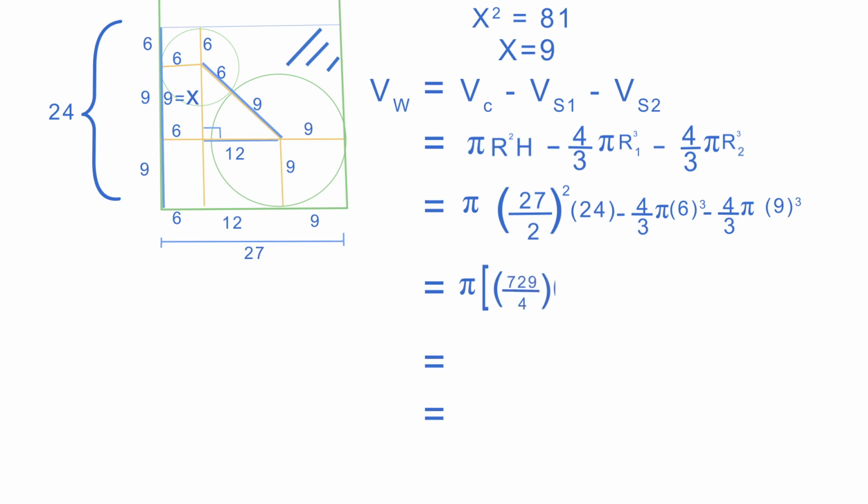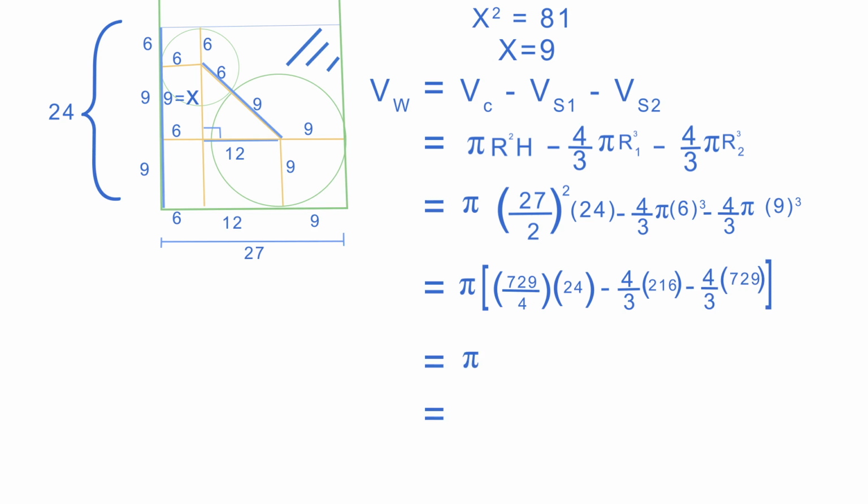And then now we just do the math. 27 over 2 squared times 24. That looks like 729 over 4 times 24. And this is minus 4/3 times 6 cubed, which is 216. Minus 4 over 3 times 9 cubed, which is 729.